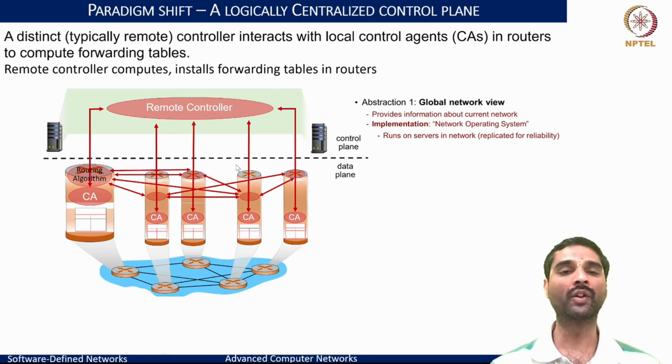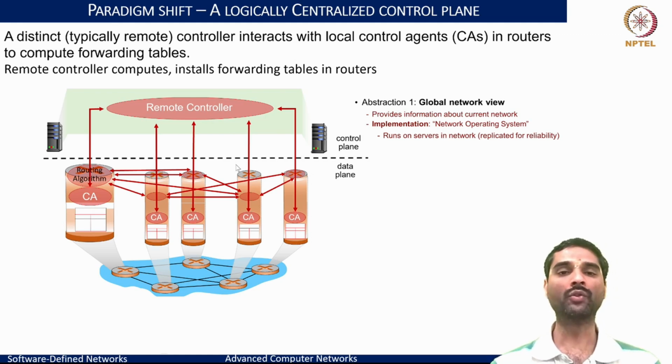What that means is taking out the routing algorithm that is running within each of these routers and externalizing it to a separate server machine that is running outside. And this, what we call a remote controller, is our implementation of a network operating system.